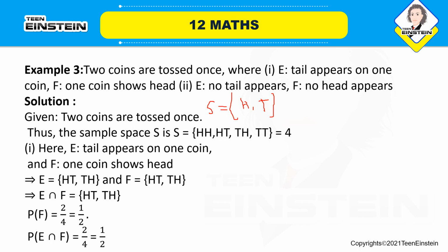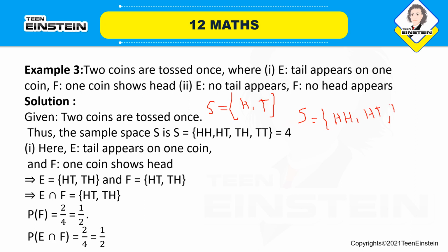So the sample space will be either head in the first coin, at the same time head in the second coin. This is one possibility. Or I will get head in the first coin, tail in the second coin.